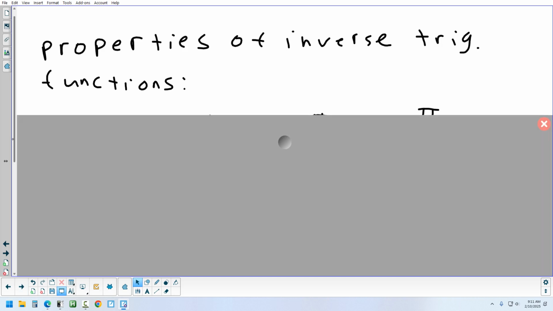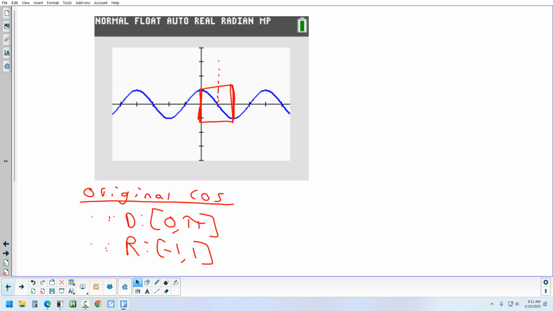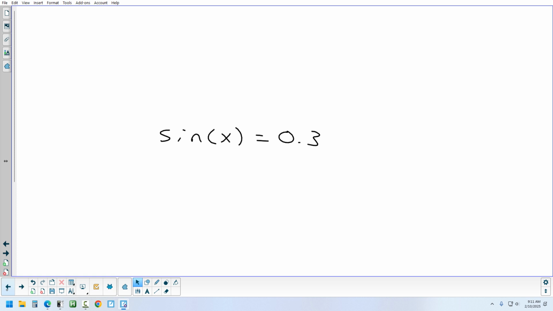All right, so let me go back to this. If you're going to get x by itself here, what would we have to do on both sides? Well, Jack, can you remind us how we would get x by itself there? Inverse sine. Can you be more specific?